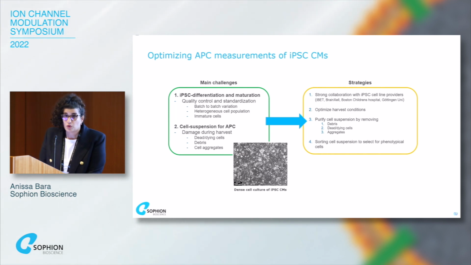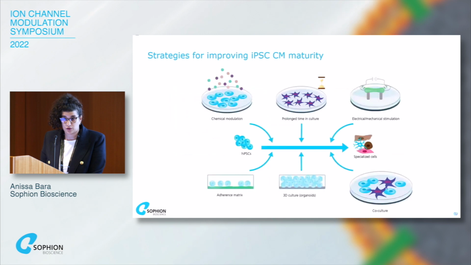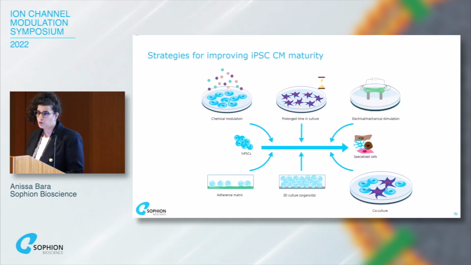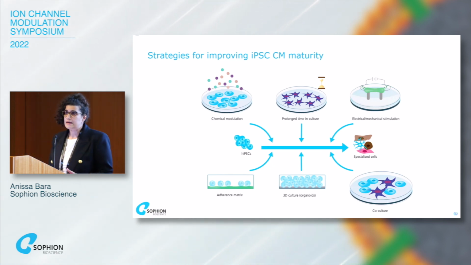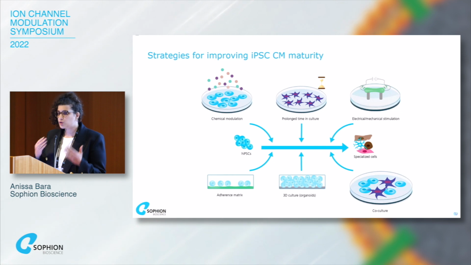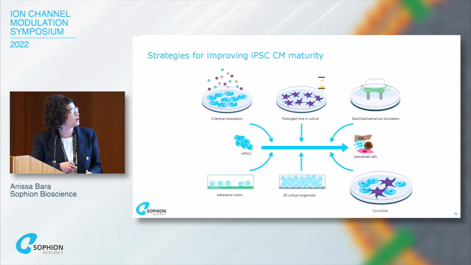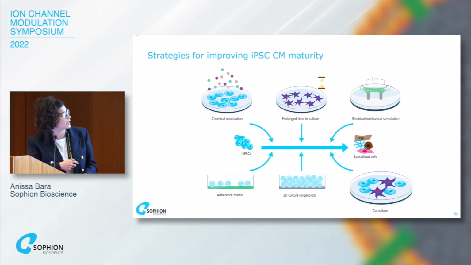So as I mentioned before, we are not involved in the differentiation process, but we are taking part in the maturation process. And we have been working with different strategies that increase the cell maturity. There are different parameters that you can play with, and they are all listed on this slide.